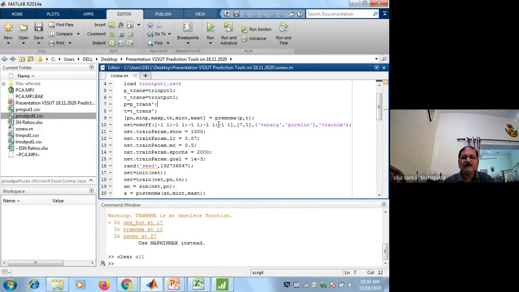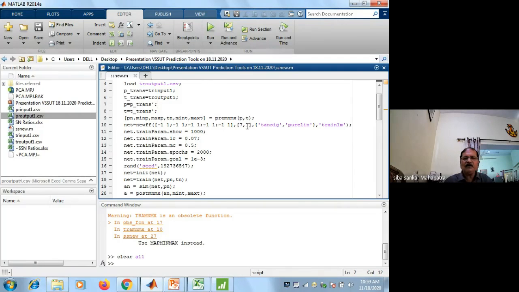So we have 5 input variables. Then 7 is the number of neurons in the hidden layer. If you consider 2 hidden layers, then you give 7, 7, so the number of neurons in each hidden layer is 7. If you want only 1 hidden layer with 10 neurons, then instead of 7 you give 10, right?